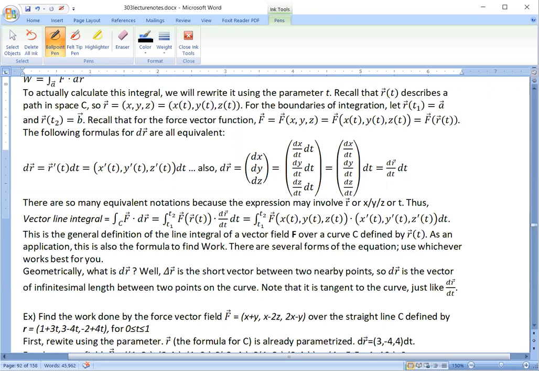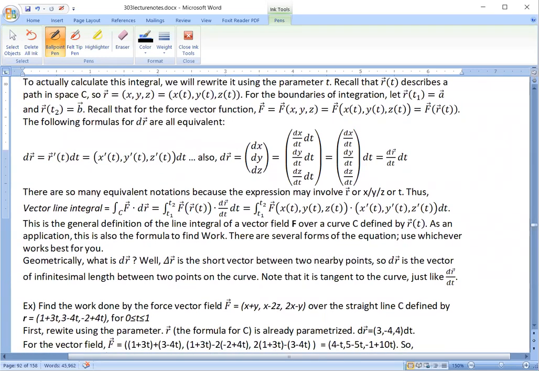So dx/dt is just 3, dy/dt is just -4, and dz/dt is just 4. And then all of that dt. And then also the parameterization for the function, plugging it in, x plus y becomes 1 plus 3t plus 3 minus 4t. Same for the y component, same for the z component. Bunch of algebra. Let's simplify it. Altogether, that gives 4 minus t, 5 minus 5t, -1 plus 10t.